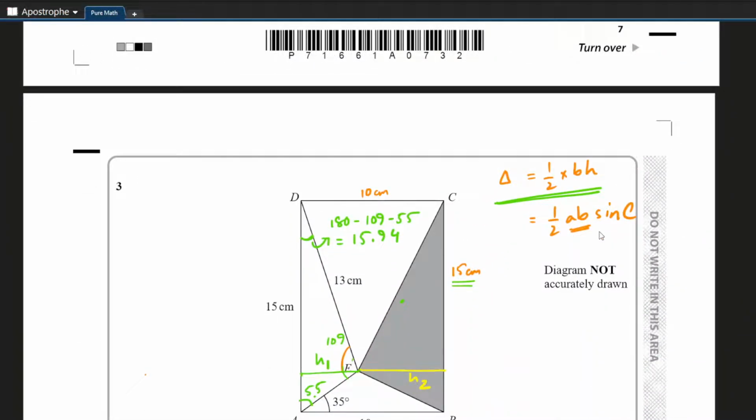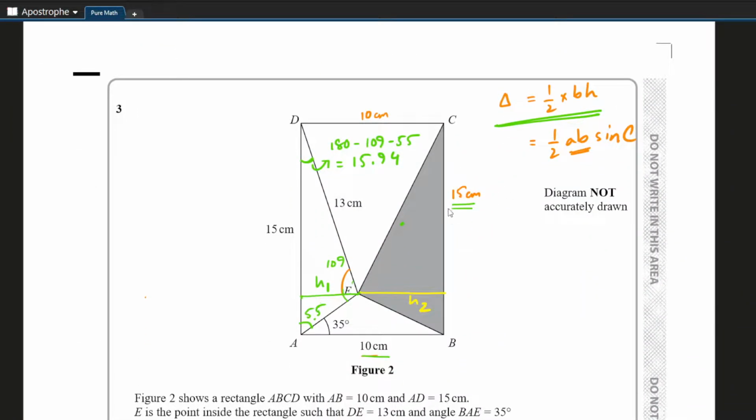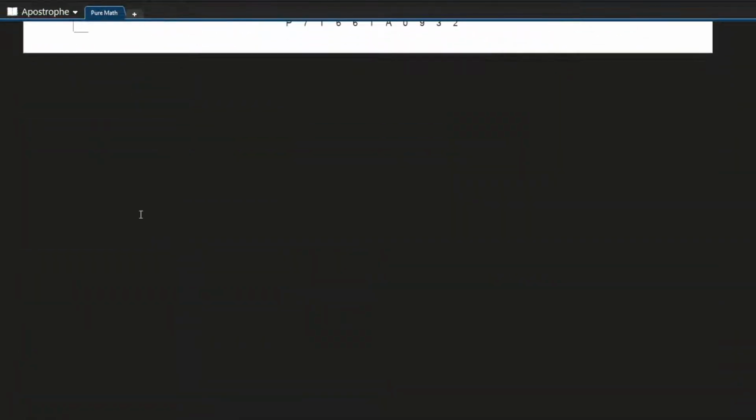We could use approach 2, which is finding either this side and this angle, or this side and this angle, since we already have one side. I'm going to go with this side and this angle. Let me make a copy of this page so I can reuse it down here.